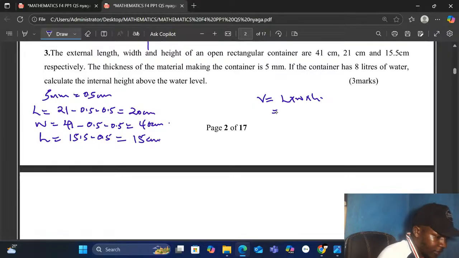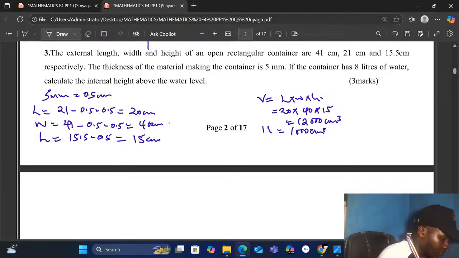So we shall have 20 times 40 times 15, which is equivalent to 12,000 cubic centimeters.